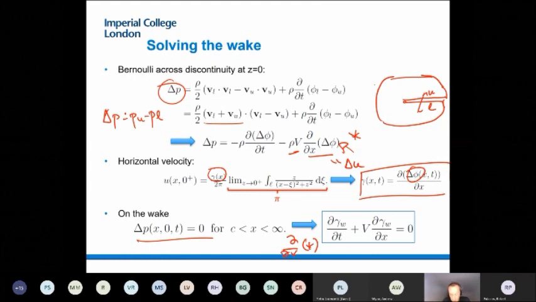What this condition is effectively saying is that the circulation that we see on the wake is moving alongside the axis, conserving itself as it propagates. That's a conservation on a convective equation. And that's a very useful solution to have.